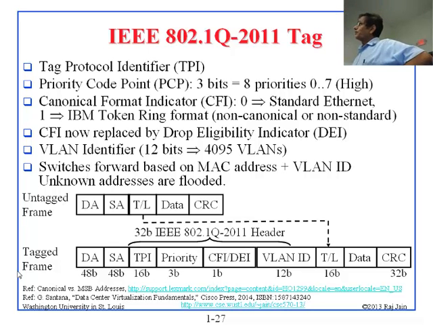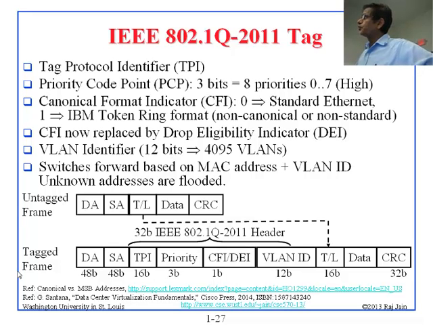All right, so a frame, an untagged frame. The original frame was like this: destination address, source address, type or length field, then the data field, and then the CRC. Now here, if the type was LLC, then you will see the LLC header. And so this is the original frame.